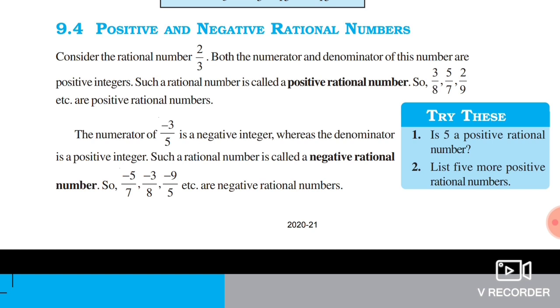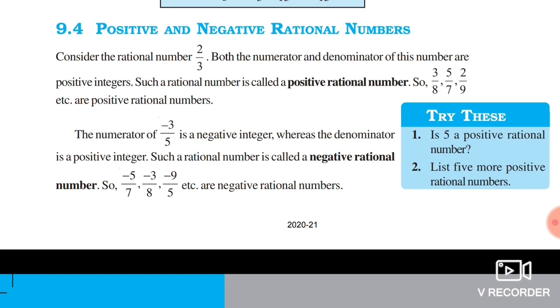Only in this case we say negative. So in particular, a negative rational number means the numerator should be a negative integer and the denominator should be positive.